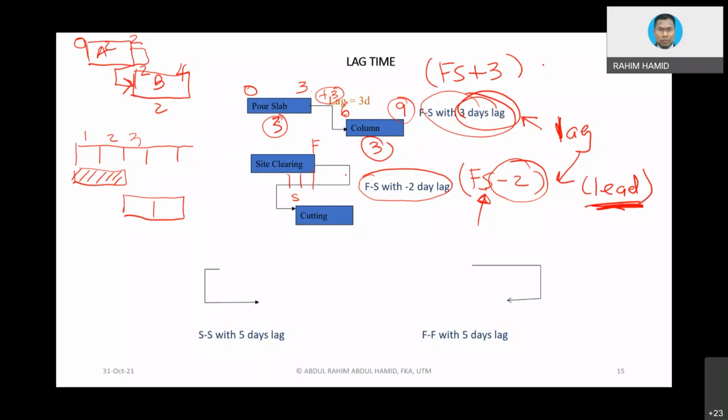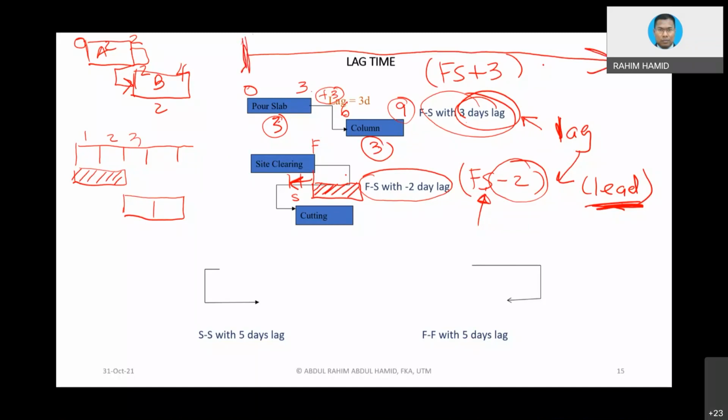Supposedly, if without the lead, you are going to start your activity here. But now we lead, we start a little bit earlier. Earlier from what? Remember, the way we draw the diagram is from left to right. These indicate the first day of work.